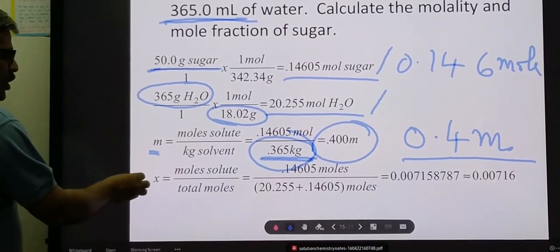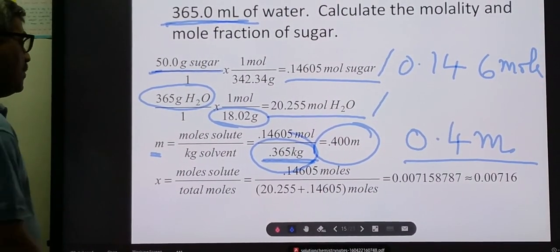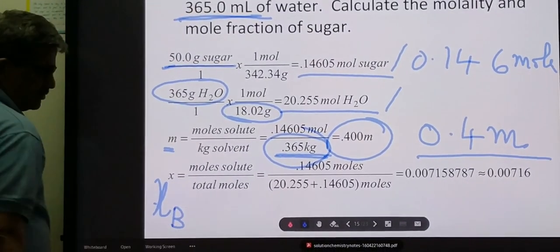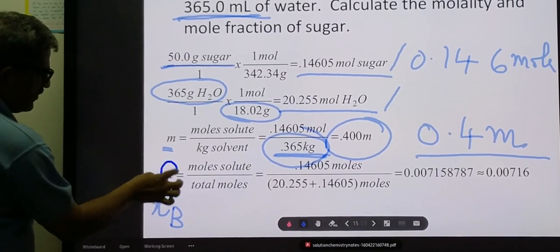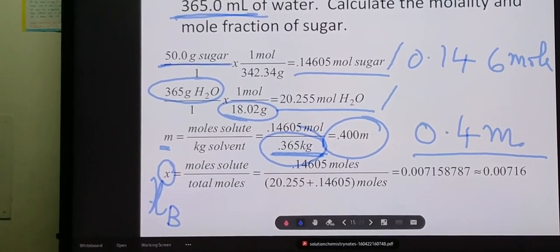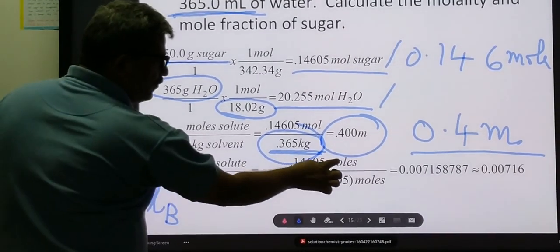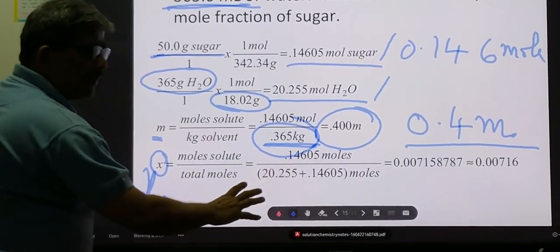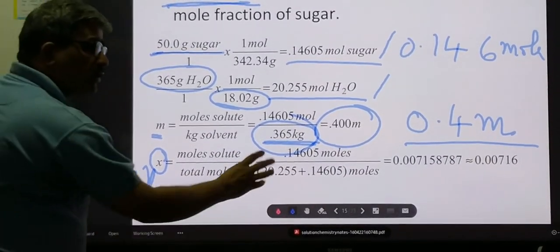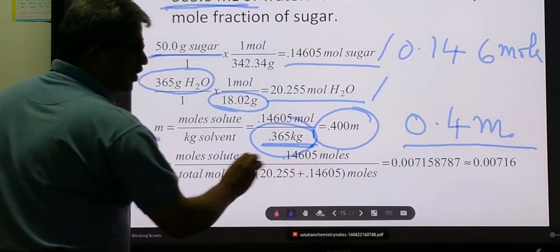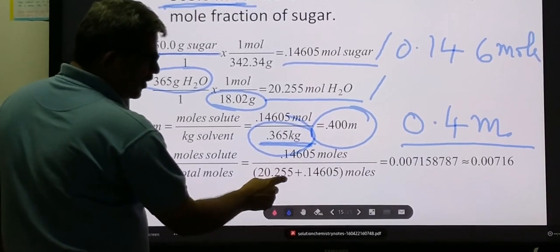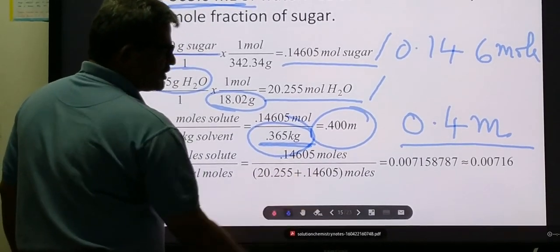In the same way, mole fraction. Mole fraction of solute, we represent this as X, of course. It is the number of moles of solute divided by the total number of moles. Total number of moles means solute and solvent both. Then you get 20.255 plus 0.14605.